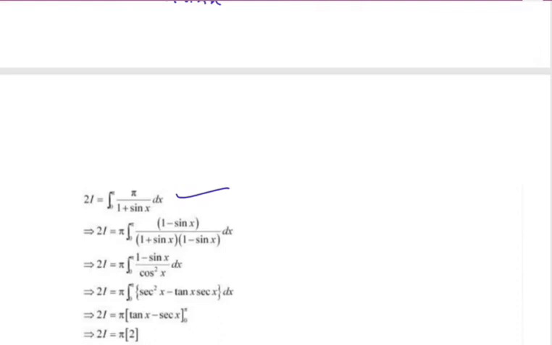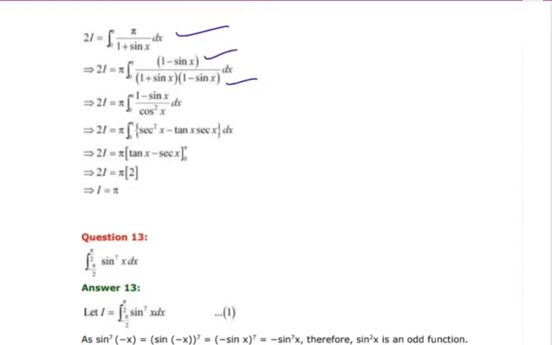So 2I equals pi, take it outside. Now multiply and divide by 1 minus sin x in the numerator and denominator. So 1 minus sin x as it is, over 1 minus sin x times 1 plus sin x.